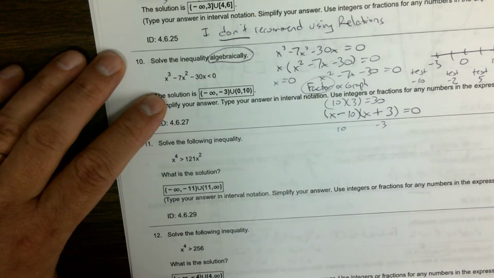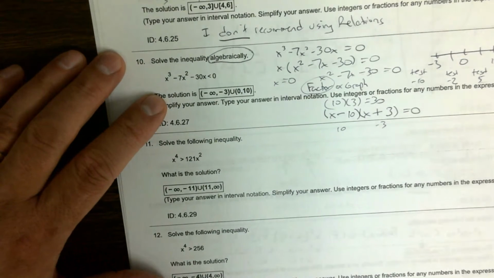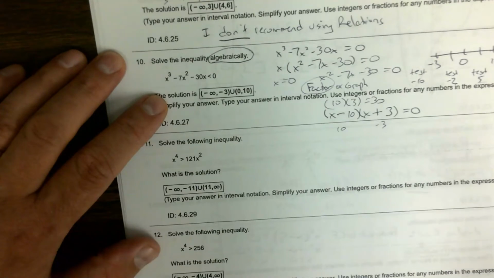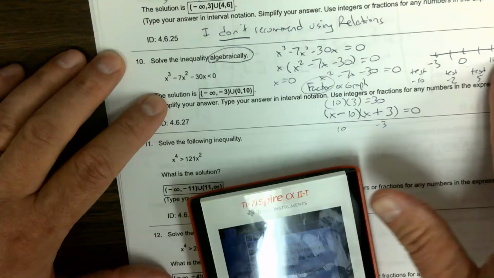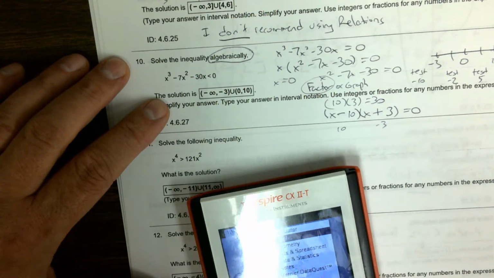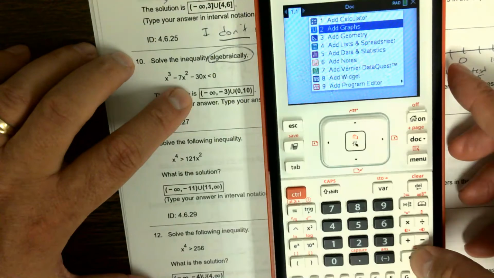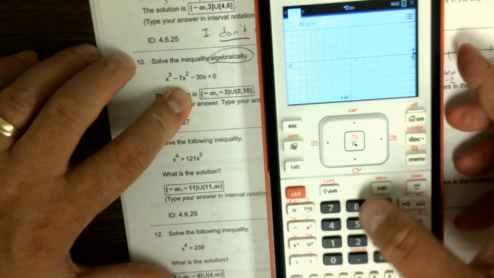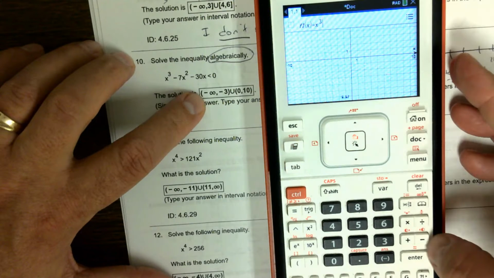I honestly don't see the point. I would just graph it. Some people are visual, some people are more analytical. I'm kind of like both, but in this case, I'd rather just graph it. It's easier to me. Everybody has their own different strengths and weaknesses, so do whatever's best for you.